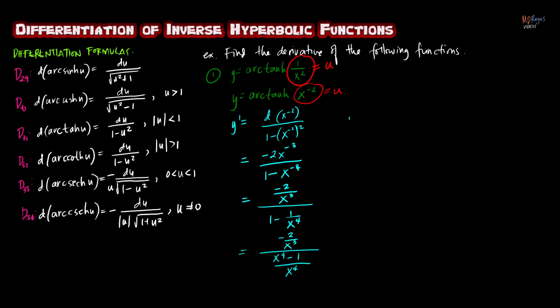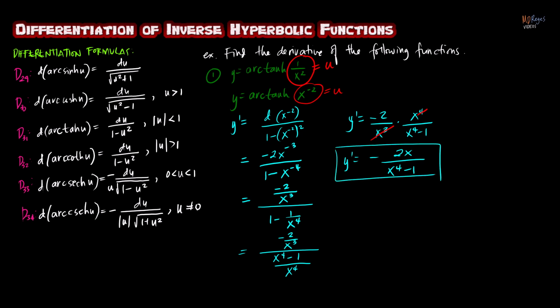So continuing, we'll have y prime equals negative 2 over x cubed times the reciprocal of the denominator, which is x to the 4th over x to the 4th minus 1. Now x to the 4th divided by x cubed is just x. So we'll get y prime equals negative 2x over x to the 4th minus 1. This is the derivative of the function.